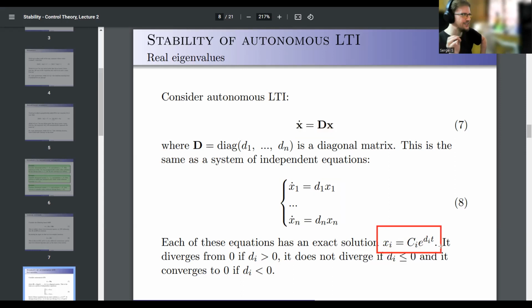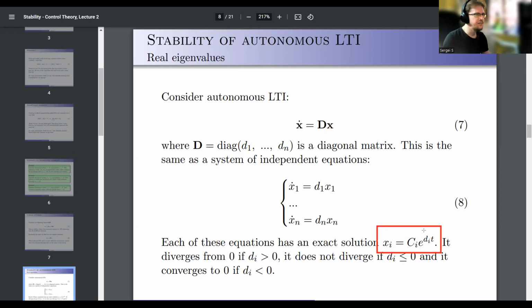We see it can have only three possible behaviors. One, it can converge. That would happen if D is less than 0. Then all those exponentials will converge.